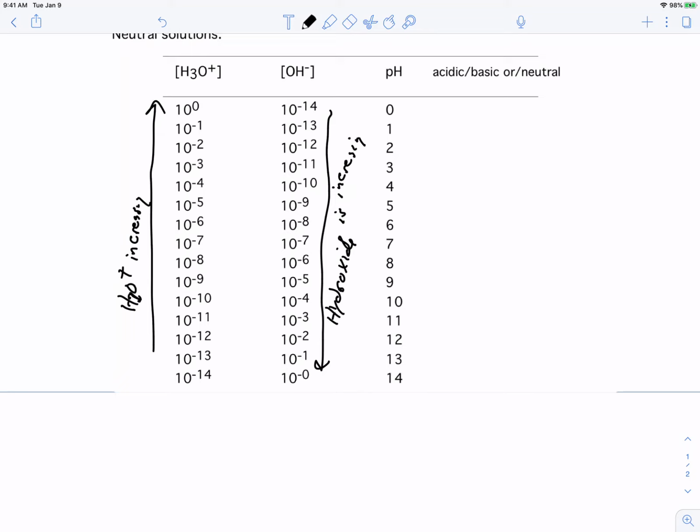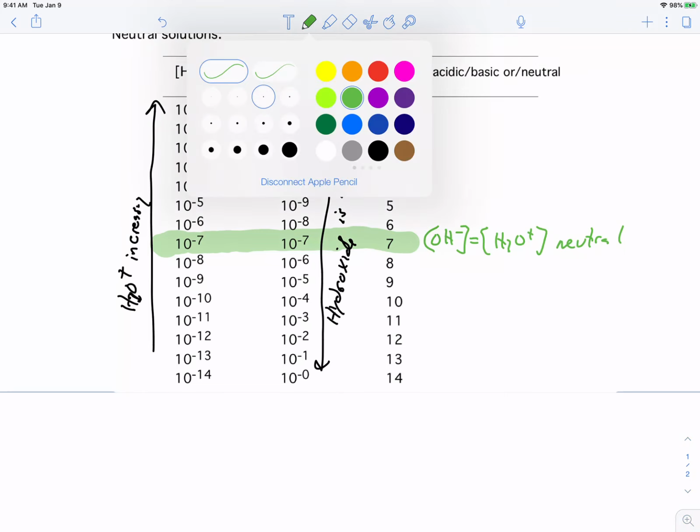We can see right here in the middle, 10 to the minus 7, a pH of 7, that hydroxide equals hydronium. That's what we call neutral. That's the way it is in pure water.